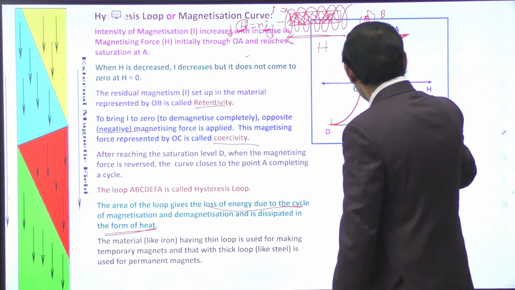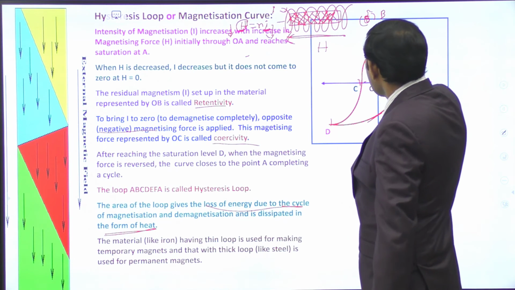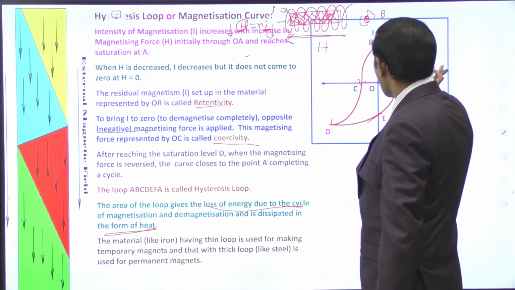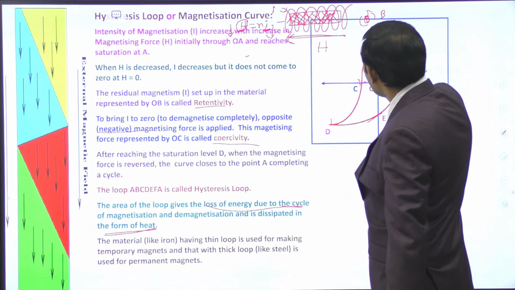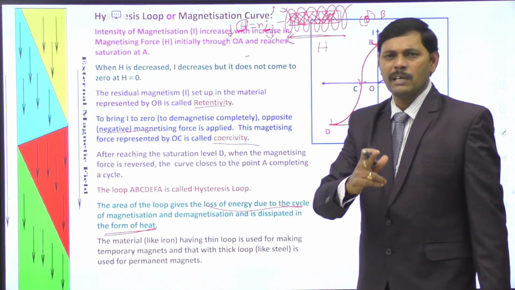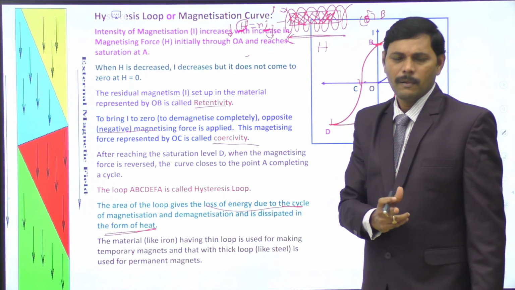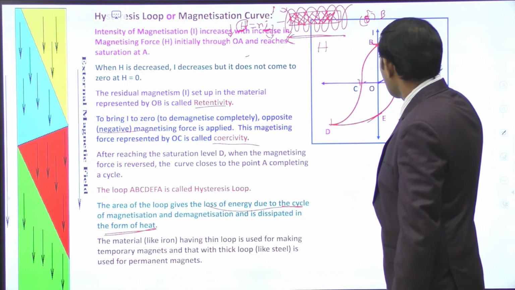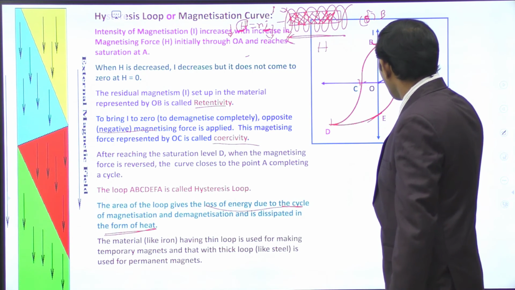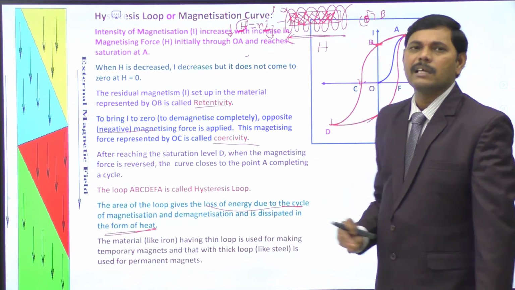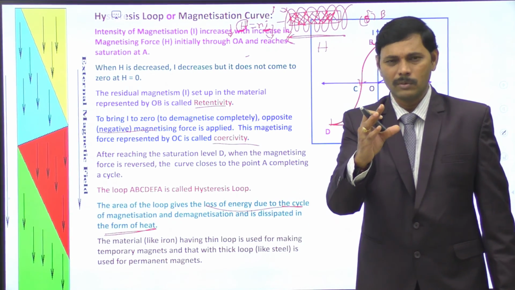And the materials for which retentivity is high are used to prepare permanent magnets. Retentivity is the remaining magnetic field when the applied magnetic field reduces to zero. Even though we eliminated the applied magnetic field, they retain their magnetic property to a large value.